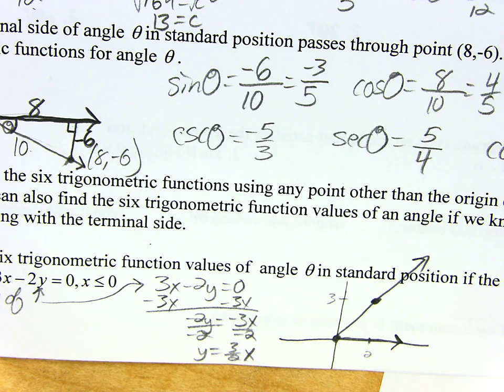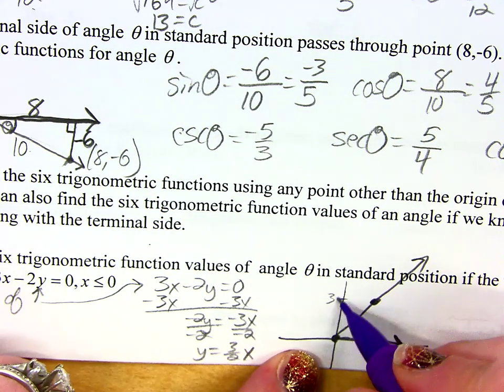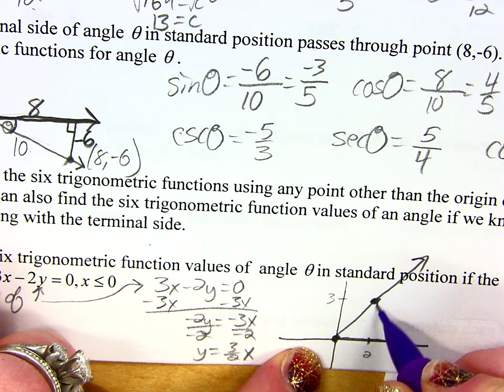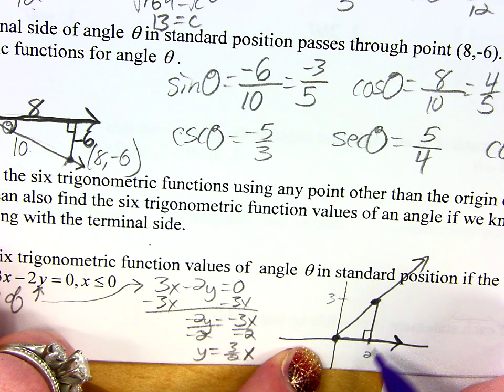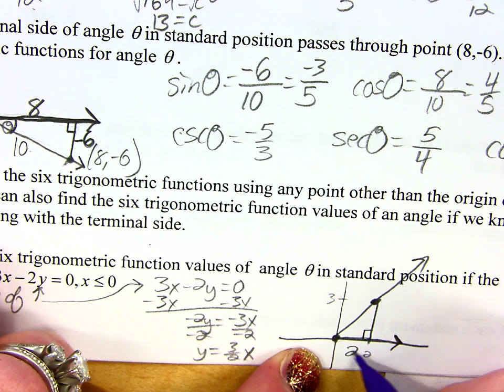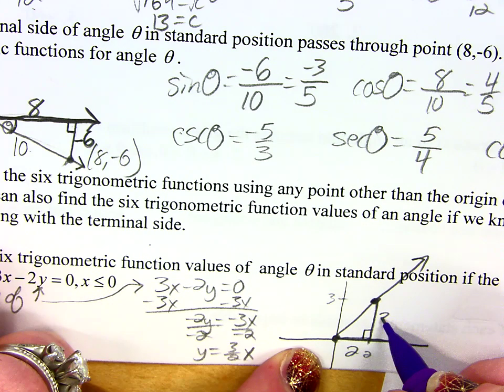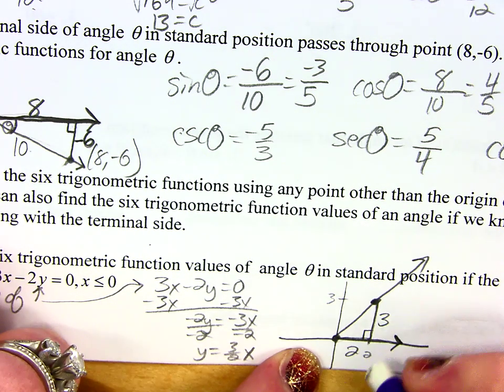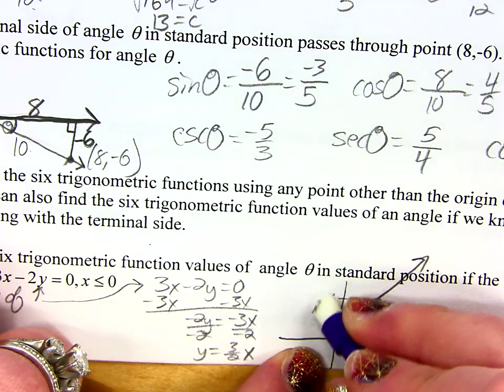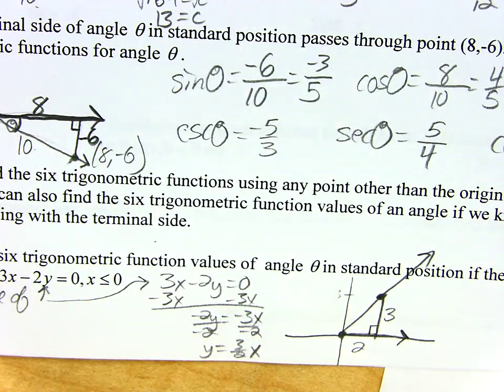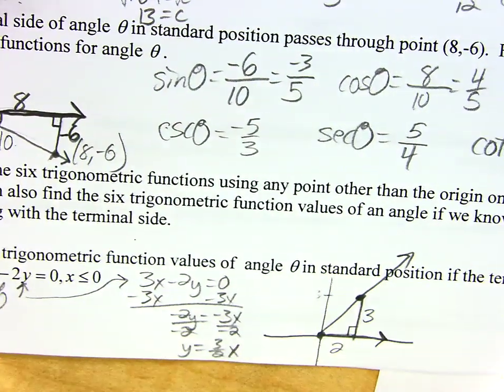You can pick any point that you want, so I might as well pick that one. If I go up 3 over 2 and I drop this perpendicular, look what I know. I know this is 2, and I know this vertical distance is 3. Does that make sense? Do you all see how I got there?